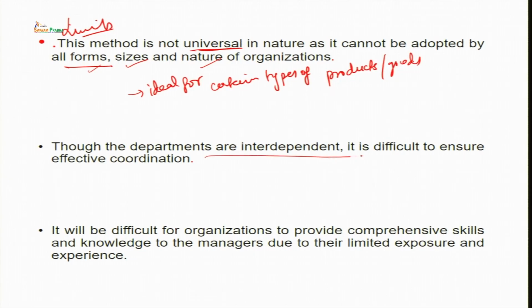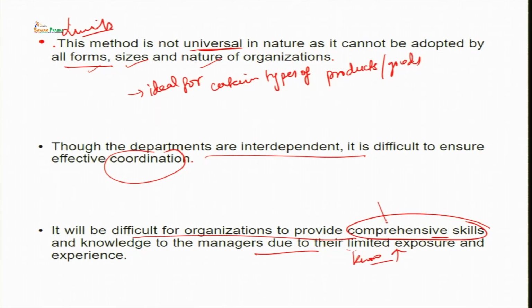Though the departments are interdependent, it is difficult to ensure effective coordination, which is a limiting factor, and it will be difficult for the organization to provide comprehensive skills and knowledge to managers due to their limited exposure and experience. So, what do we mean by comprehensive skills? The manager will only know the limited skill and expertise he is in. He may not have the know-how of other functional areas or maybe other products.